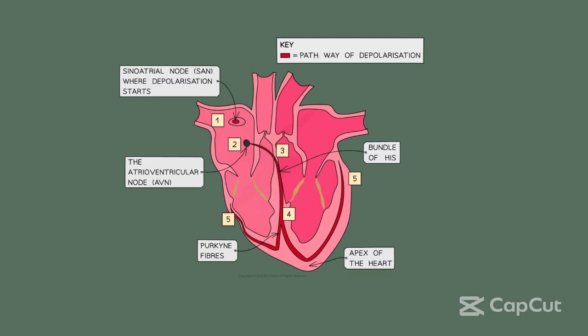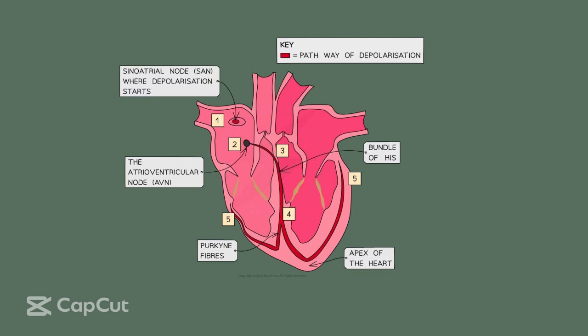Now this electrical stimulation is then going to move down into the ventricles, but crucially, the ventricles will not start contracting, or will not enter systole, until the atria have finished. And this is due to a region within the base of the atria which is unable to conduct the wave of excitation coming through.